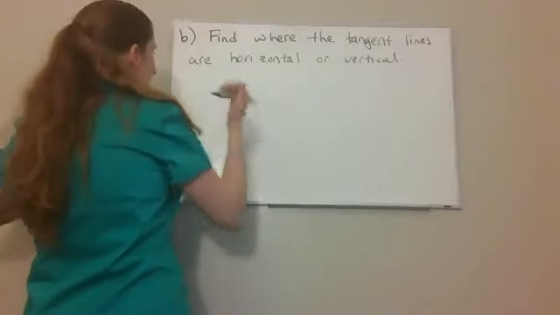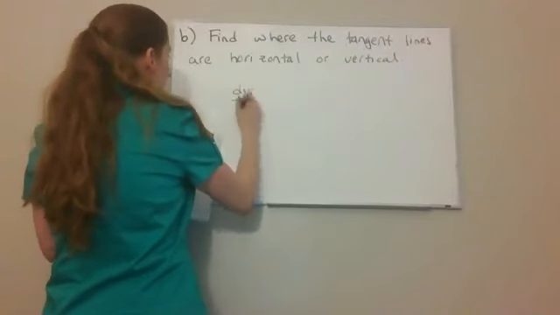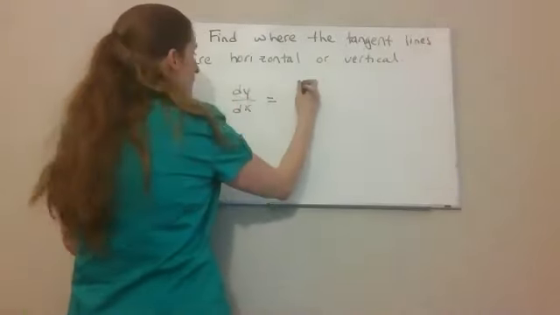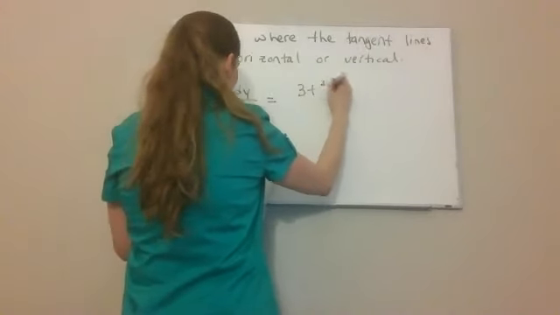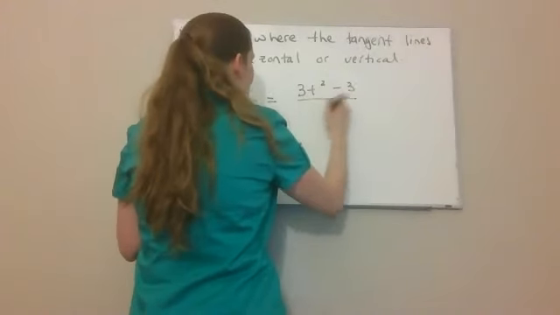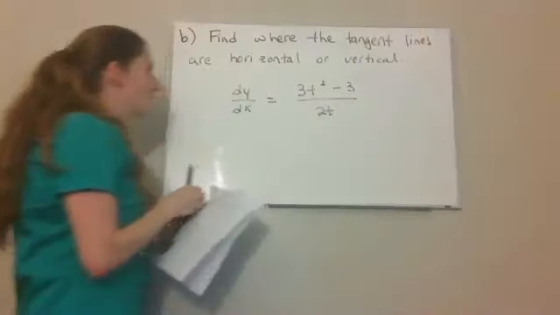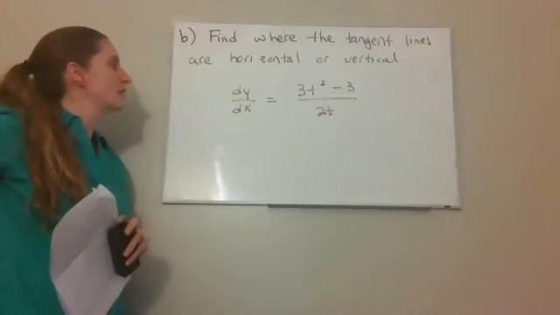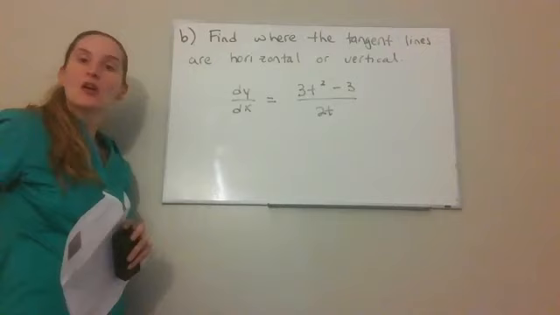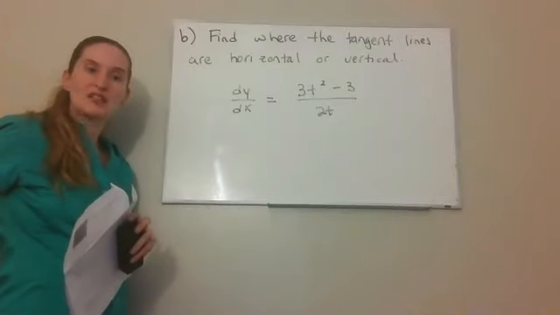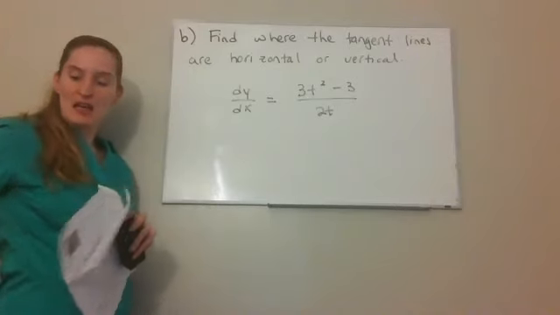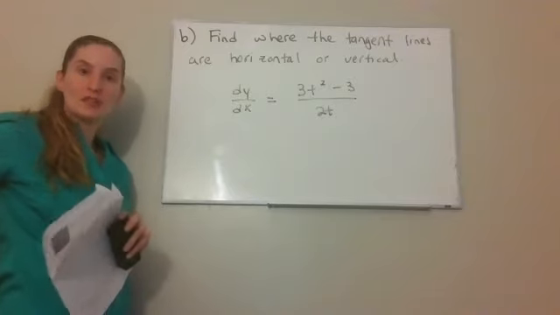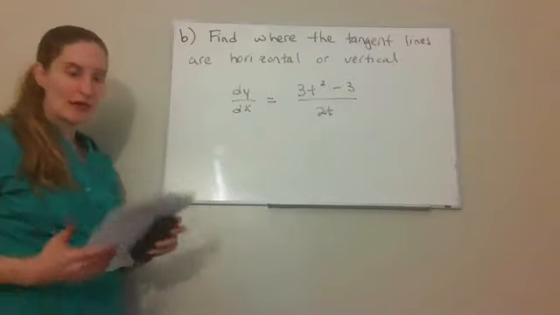Remember, our dy/dx was equal to 3t squared minus 3 over 2t. So this is going to be horizontal when the numerator is 0, but the denominator is not. And it's going to be vertical when the denominator is 0 and the numerator is not.